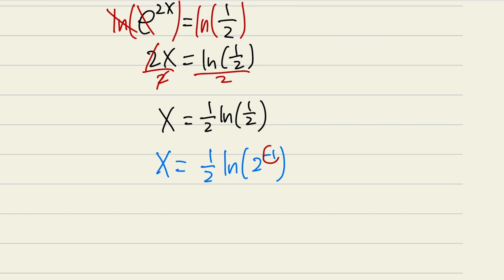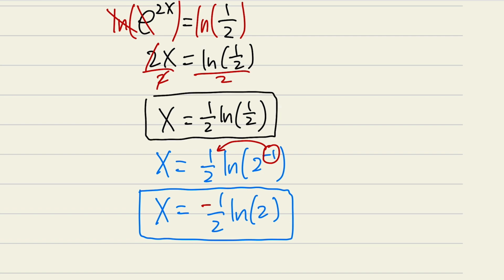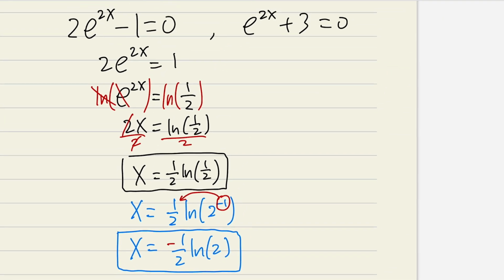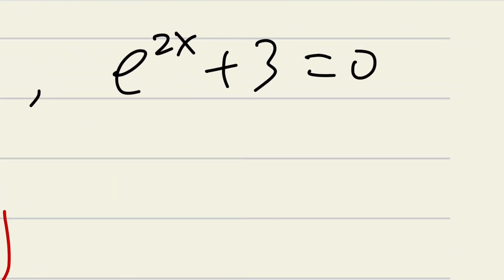And you can put the negative 1 to the front, and you end up with x = -1/2 ln 2. I'm not sure what the answer in the back of the book is. It could be this one, or it could have just been this right here.